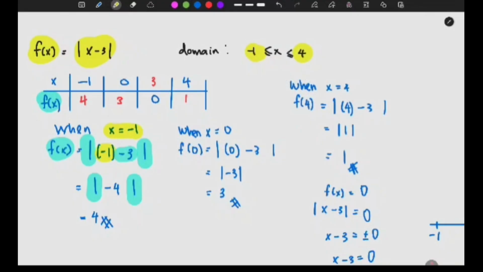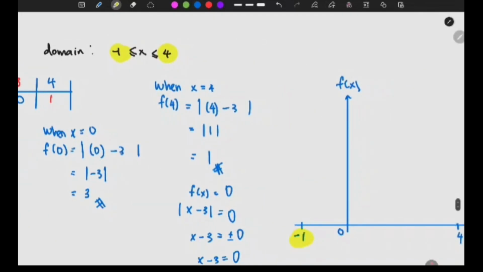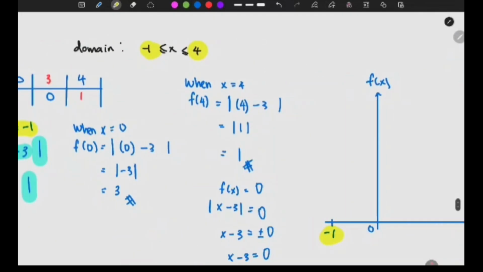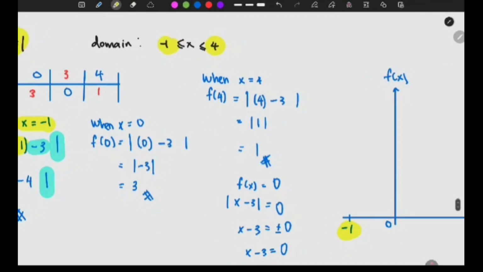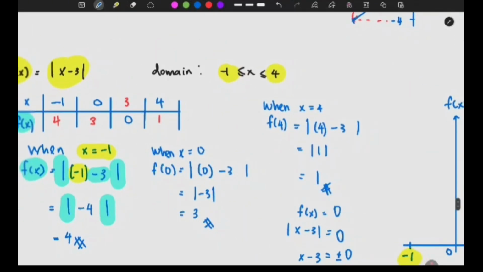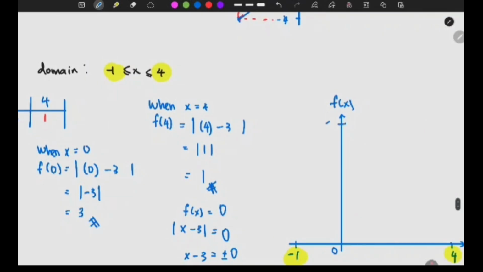And then for your f(x), it's 1 and 4, so 4 is the maximum and 1 is the minimum. And then label 0, 3. 3 is somewhere here.